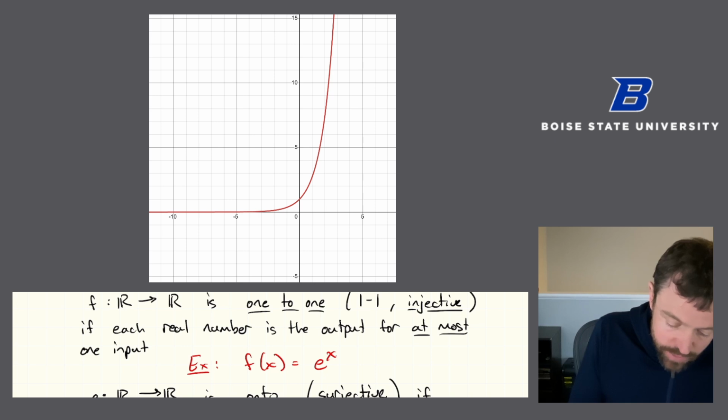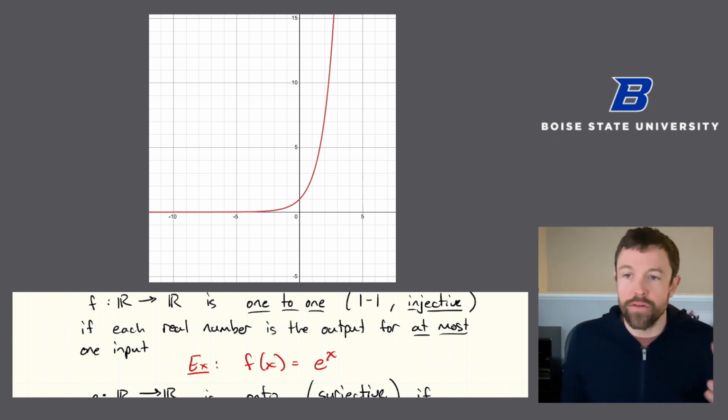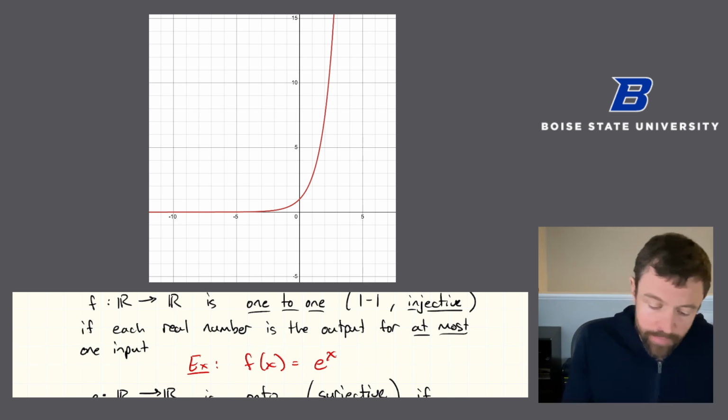A function is onto if each real number is the output for at least one input. So every real number appears as the output for at least one input, maybe more than one.